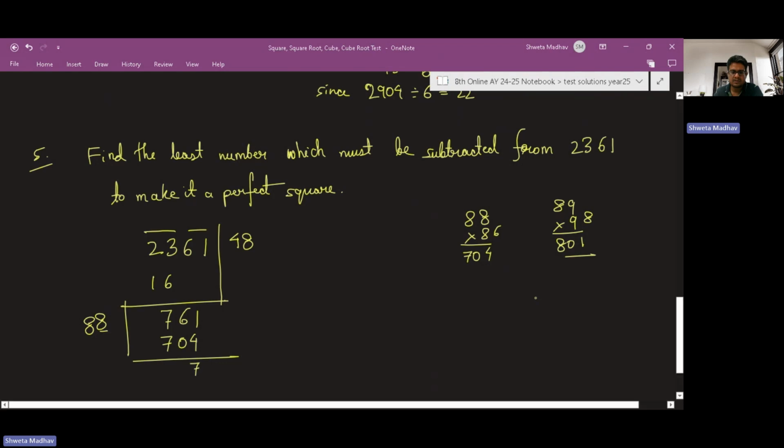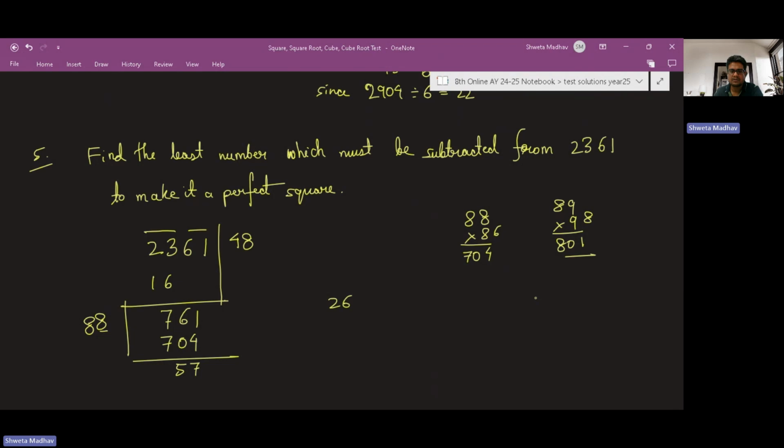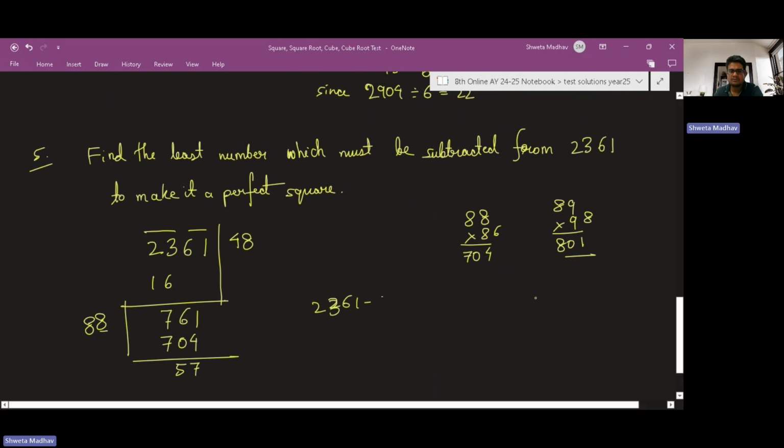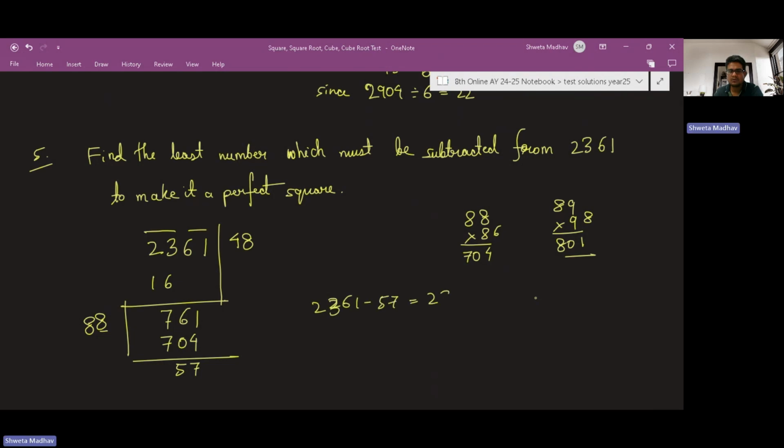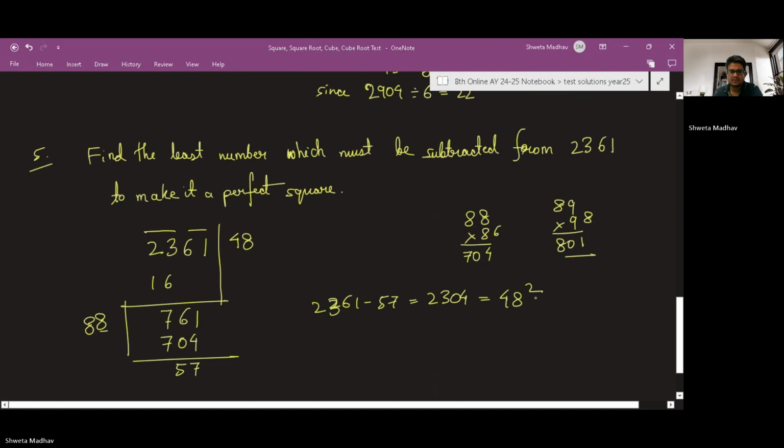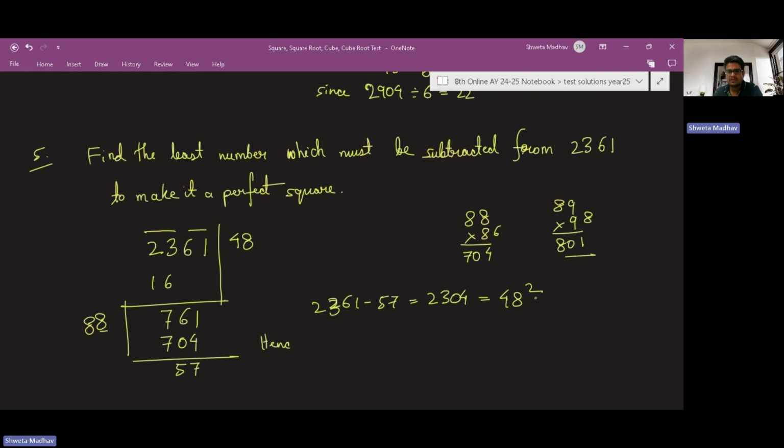So that will be 57. So hence 57 we should subtract from 2361. If we subtract 57 from 2361, then we will get 2304, which is nothing but the square of 48.